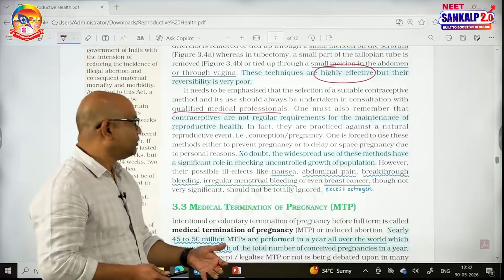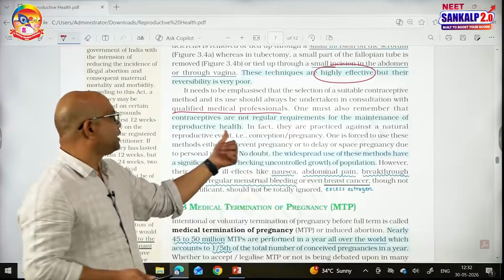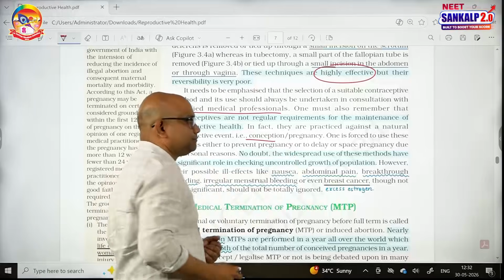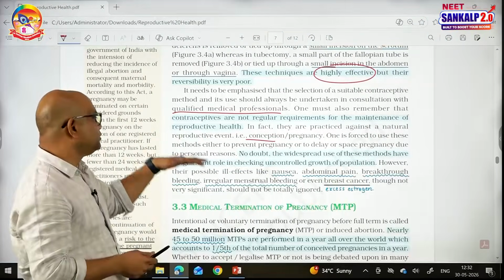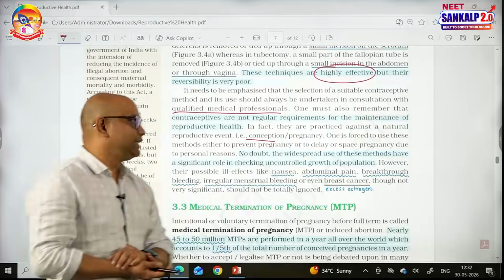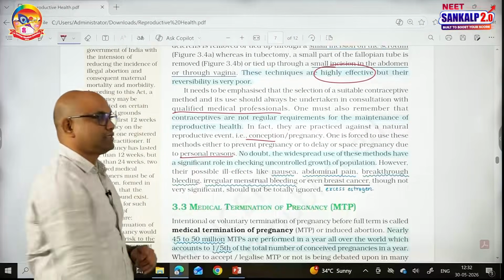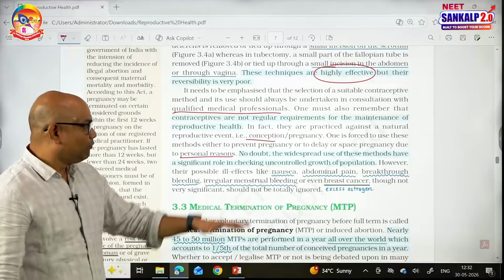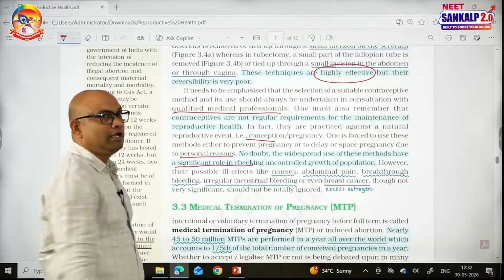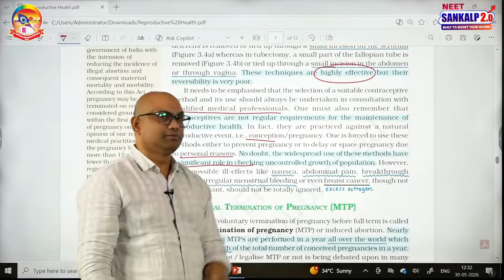In fact, they are practiced against a natural reproductive event like conception, pregnancy. One is forced to use these methods either to prevent pregnancy or to delay or space pregnancy due to personal reasons. But no doubt, guys, widespread use of these methods has a significant role in controlling the population growth.